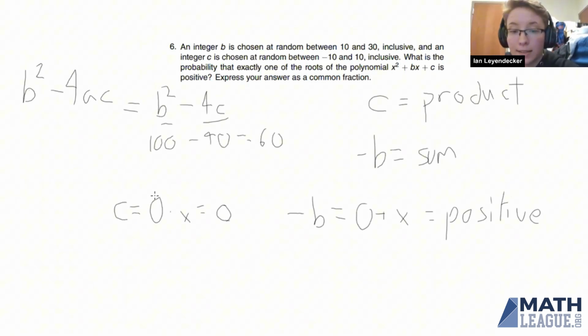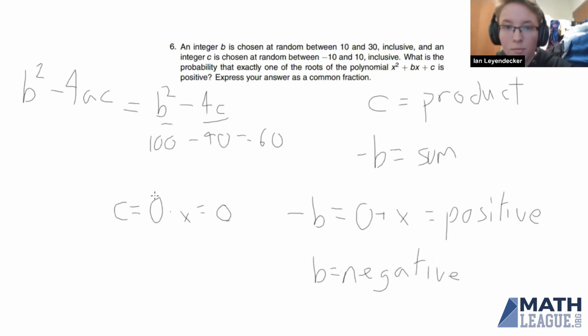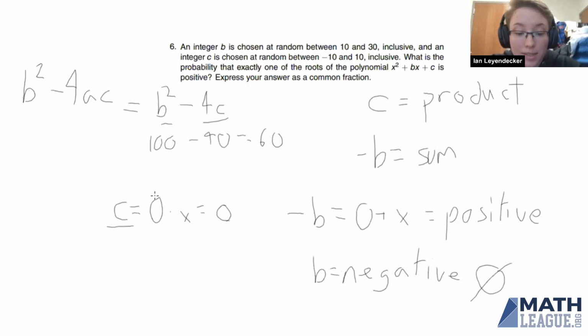And if negative b is positive, then that means b is negative. But we know that b is in between 10 and 30 inclusive. So b can't be negative. So this is a contradiction. So one of the roots can't be 0. So that means c cannot be 0.